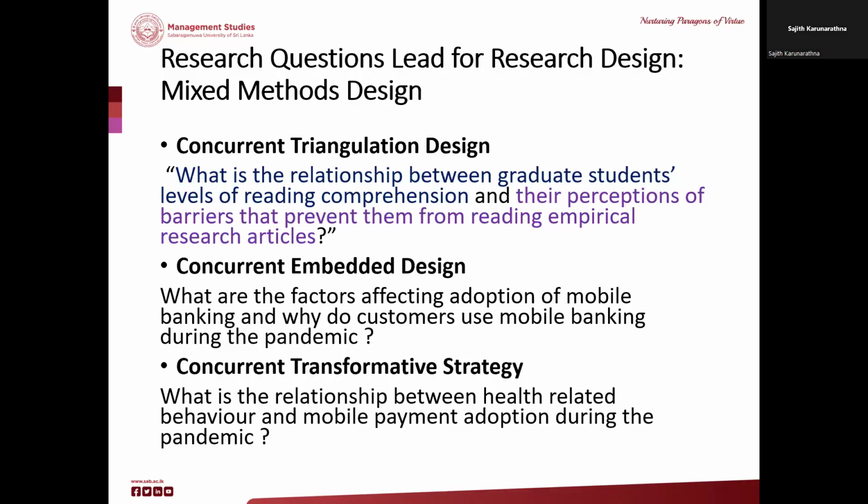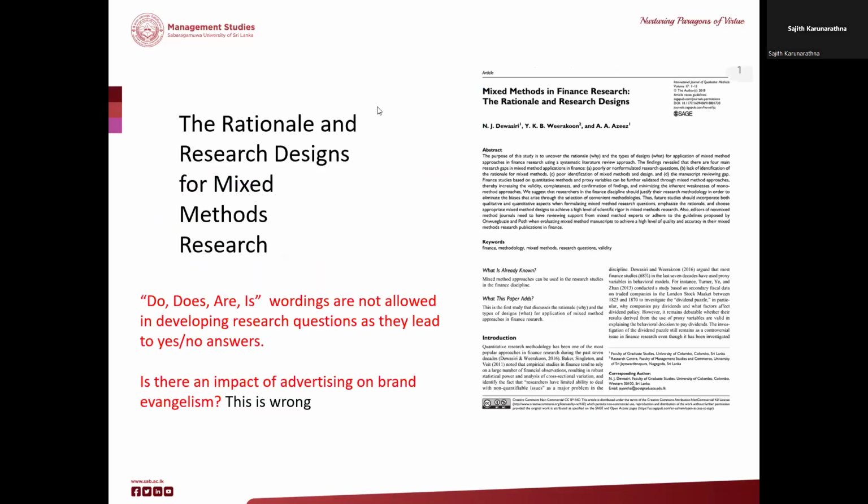So it comes under the concurrent triangulation design. These are complex research questions which I discuss here. Some of these questions you can find in this article. It is well explained in this article.